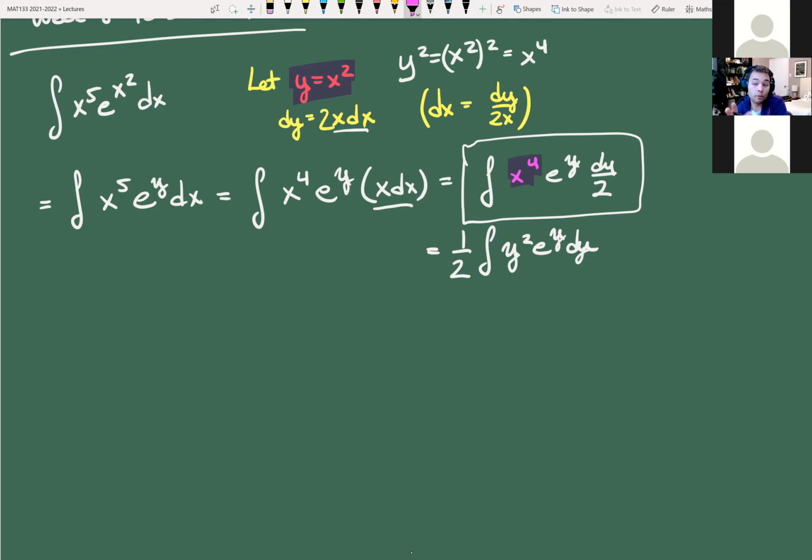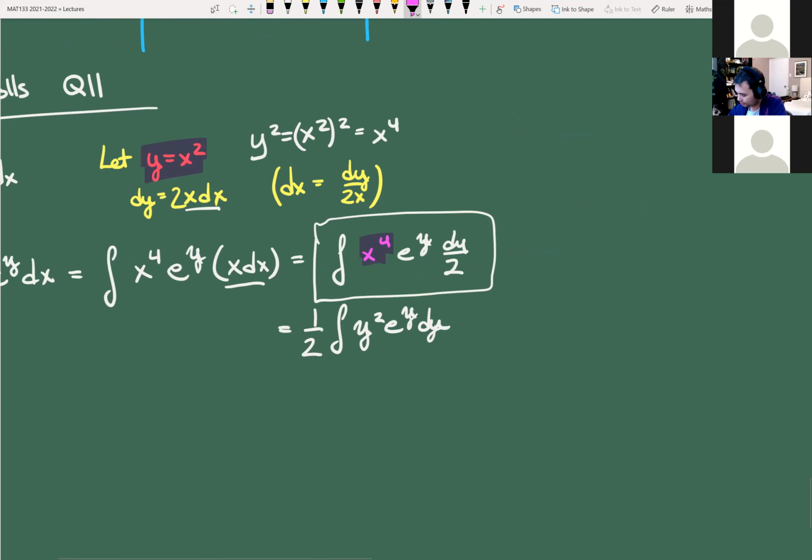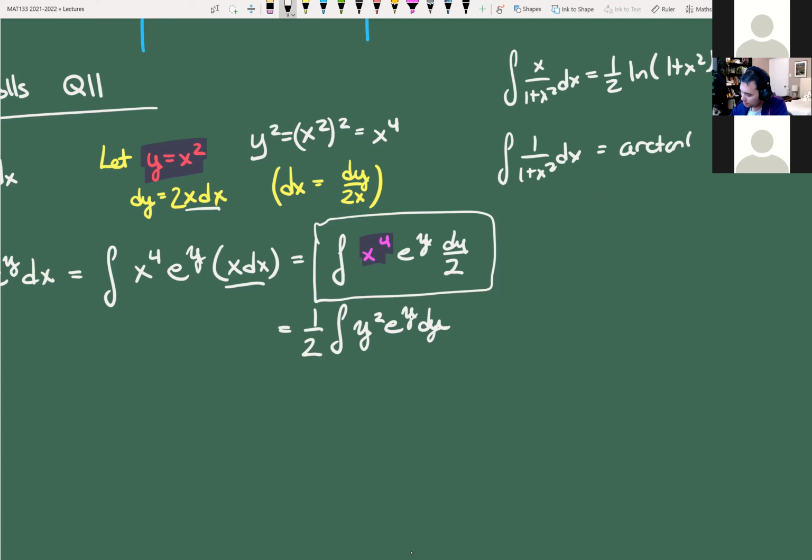First of all, close doesn't matter. Close isn't good enough because there are lots of things that are close. The integral of x over 1 plus x squared dx is 1/2 ln(1 plus x squared). The integral of 1 over 1 plus x squared is arctan x.